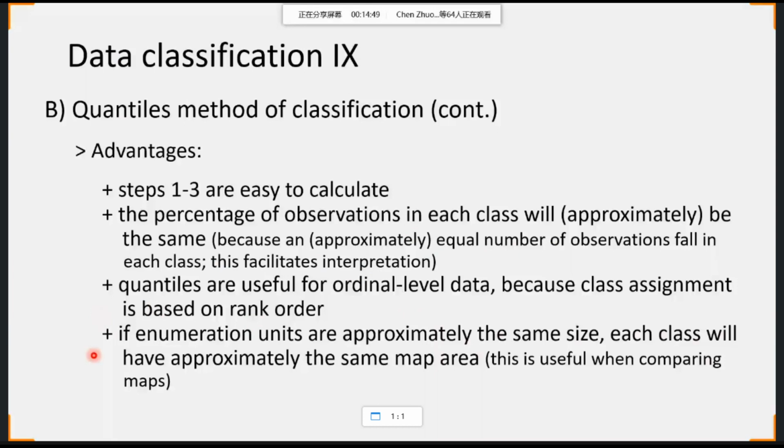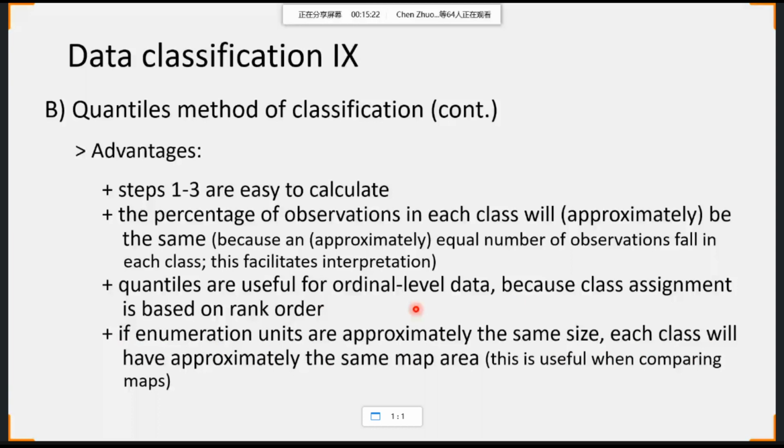If enumeration units are approximately the same size, so enumeration units are, for example, administrative units, like here, these counties within Florida. These are enumeration units. So if they are approximately the same size, each class will have approximately the same map area. So this is, for example, useful when comparing maps. Therefore, you can compare this ordinal level data from different maps, for example, different times of the same area.